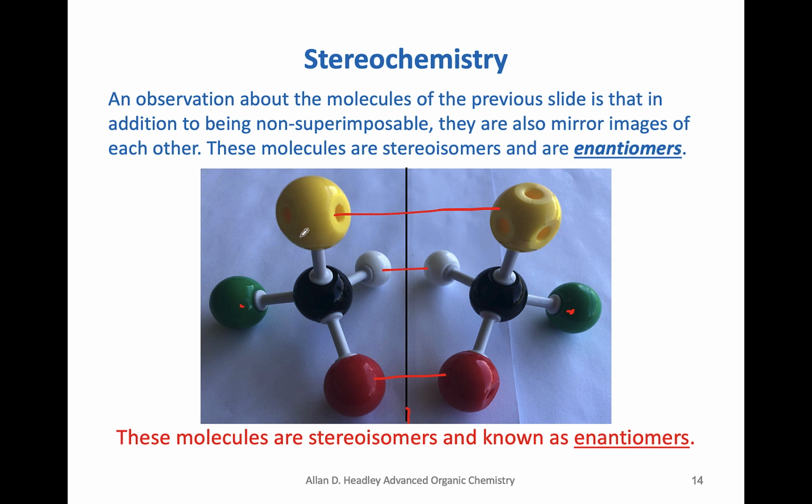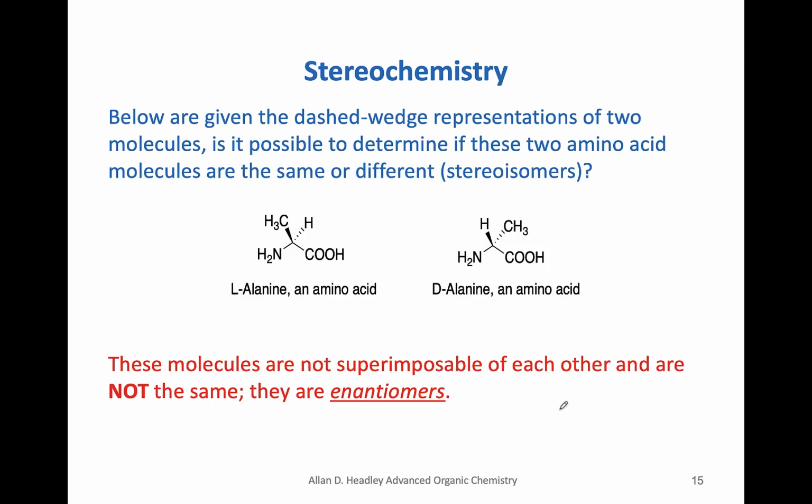If two stereoisomers are mirror images of each other, they have a special name and they are called enantiomers. So your job now becomes, can you look at one of the representations that are typically used?